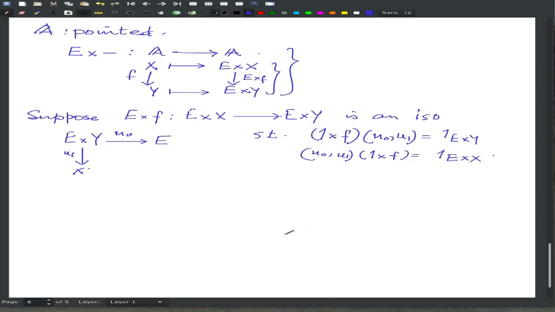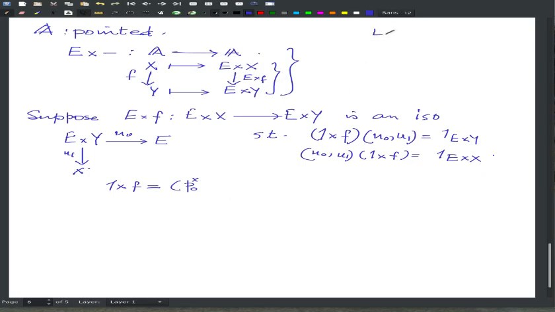Now let's work it out a little bit. Now what is 1 cross F? 1 cross F, this map. So this is taking P0. Let me write it like this.